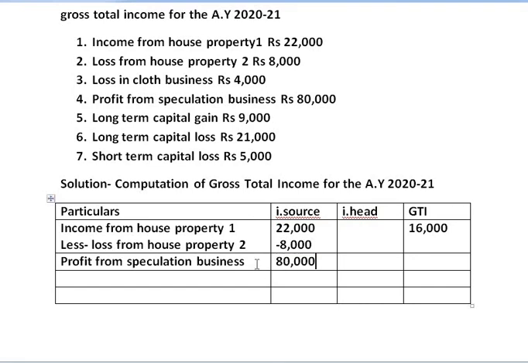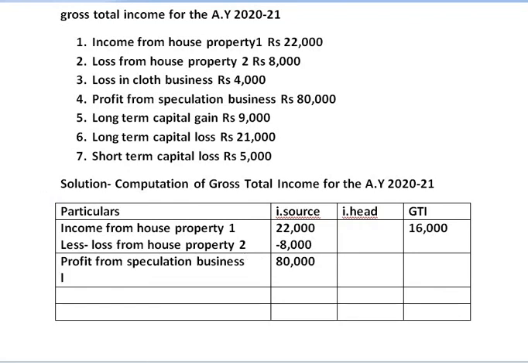Take it in the inter-source column as we have a loss also for the same, less loss from cloth business, and the loss from cloth business is 4,000. So deduct 4,000 rupees from 80,000. We will get a balance of rupees 76,000, which is taken directly to the gross total income column.